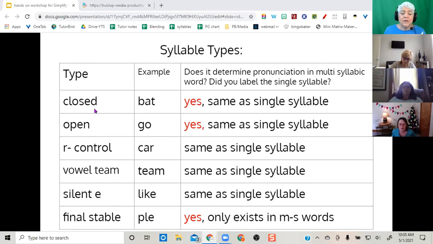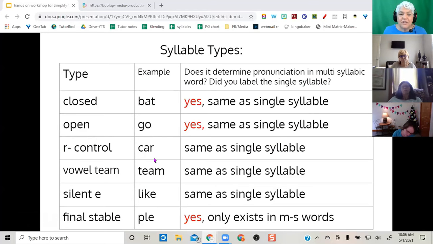For the most part, we do have to know about stable syllables. So for closed syllables, we need to know the concept: if a syllable ends with a consonant, generally you use the short sound. If the syllable ends with a vowel, you generally use the long sound, but not always. Do I have to label this as R-controlled? Did you label this when you taught your students to read single syllable words?